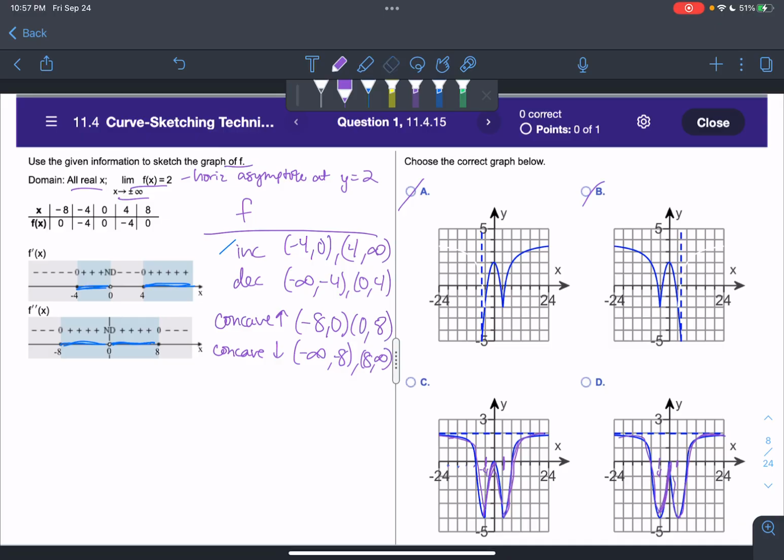Yeah, so those two check out. All right, what else can we look at? Concavity. So from -8, which is here, to 0, we're concave up. So they're both concave up. Yeah, so I guess this doesn't really help us too much. What else can we look at?